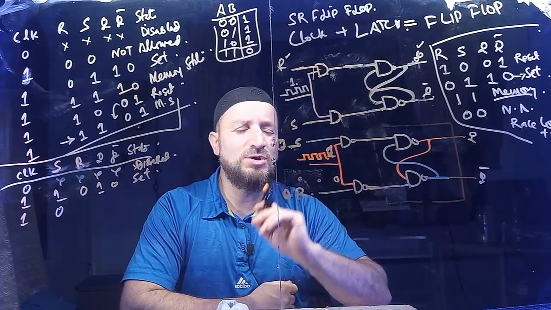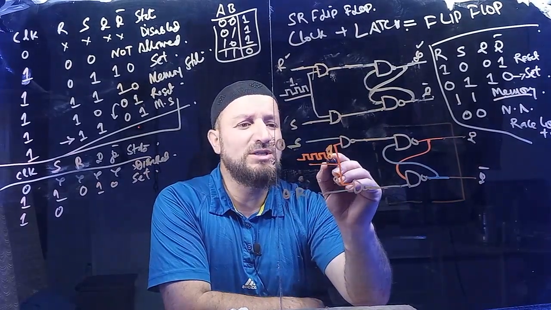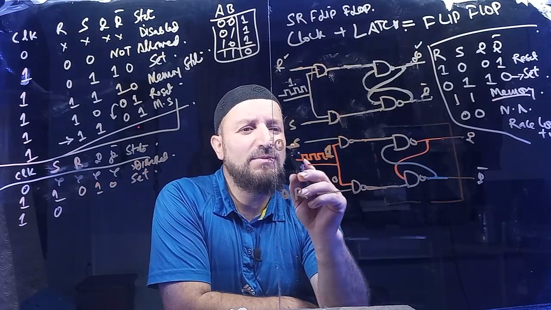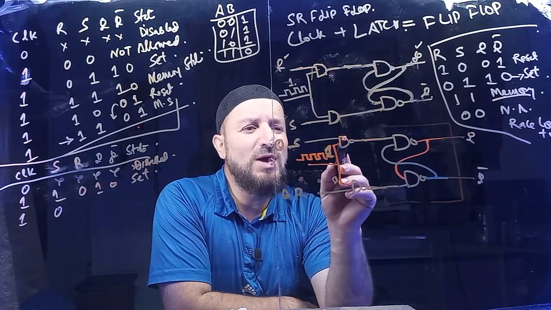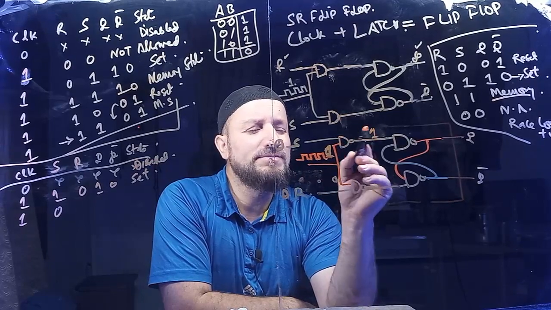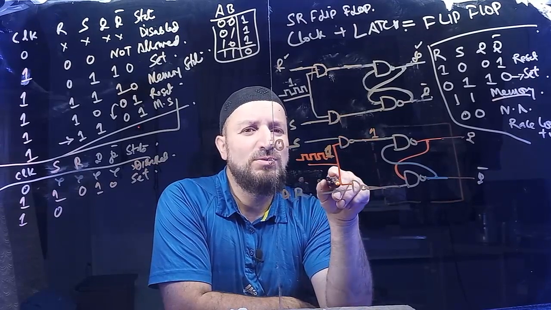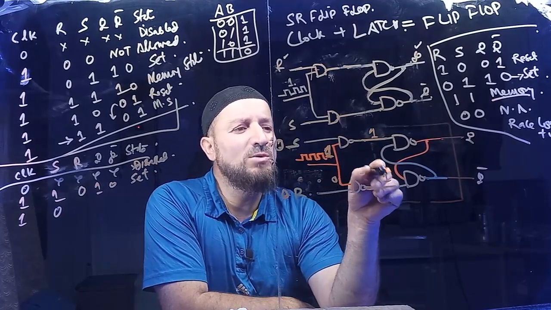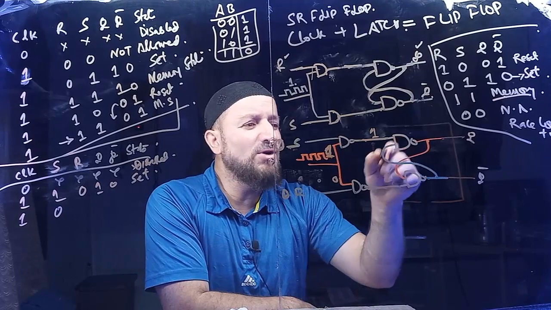Let us see it. If it is 0 0, the clock is 1, the circuit is enabled. What is the NAND gate doing here? AND will make it false or 0 when one of the inputs is 0, and NAND will make it 1. This also is 0, AND will make it false, and NAND will make it 1. So I'm getting the 1 1 state. What is the 1 1 state for this?